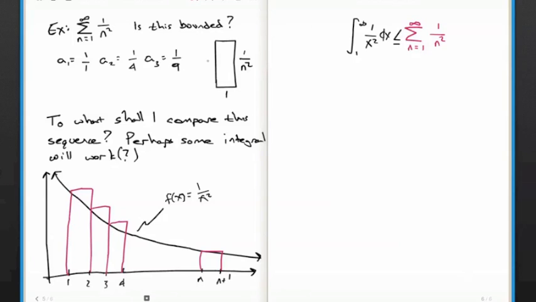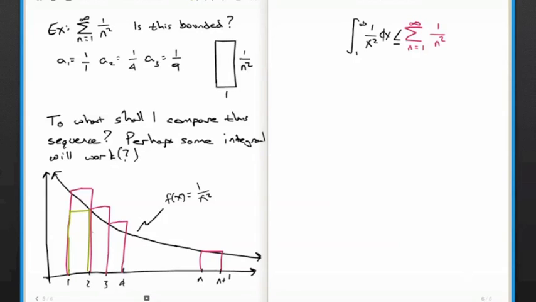Alright, so I've got a clever idea. Let's do this one in green, because this maybe will work better. Instead of starting with 1, what if I started with 2? So I go up to here. Well, this is the same rectangle if I just go over this way. It doesn't matter if I go to the left or the right.